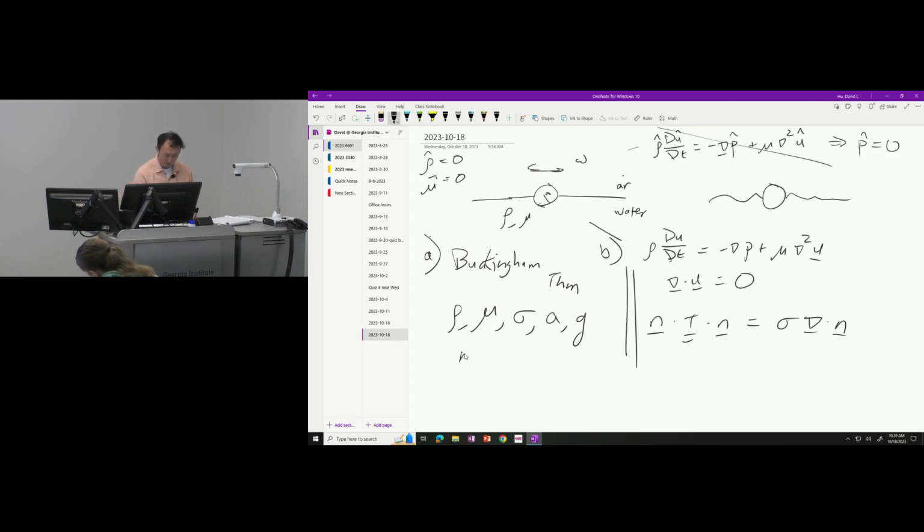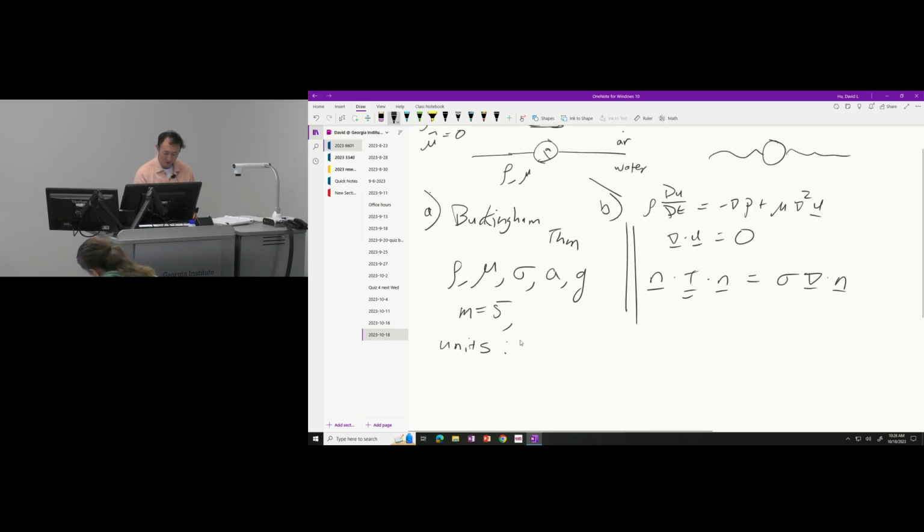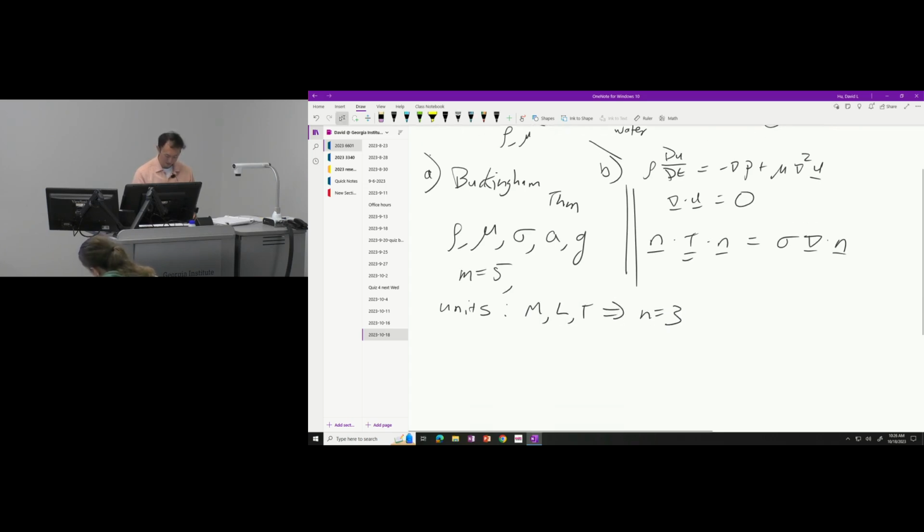M equals 5. And you write the units of everything, and the units you have are mass, length, and time, and usually it's n equals 3. I messed up, so I got the number right, but I wrote the wrong thing. Yeah, 3 pi groups. That's exactly right.